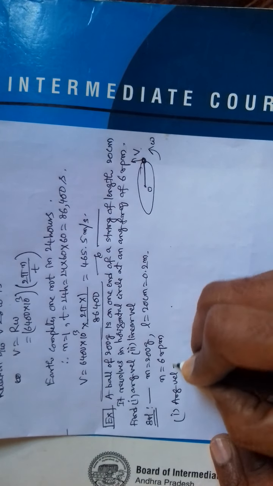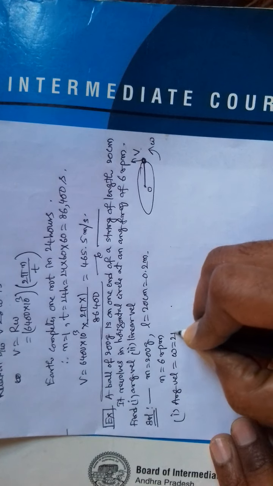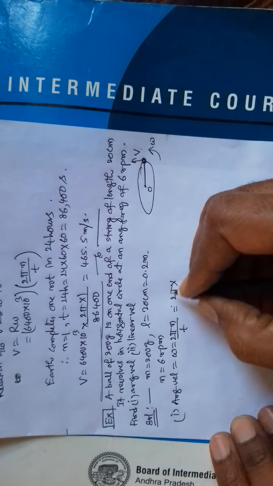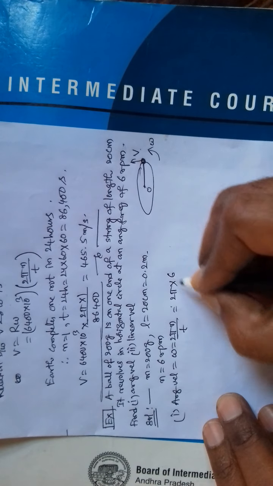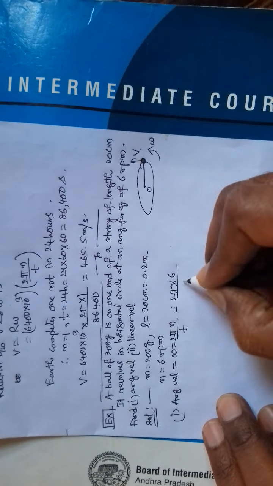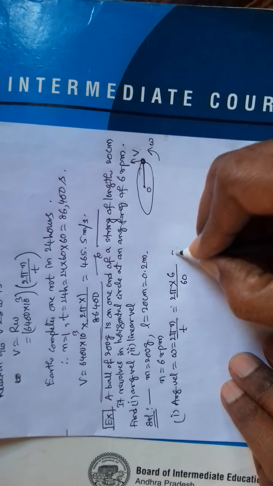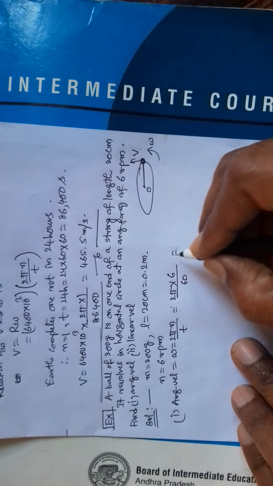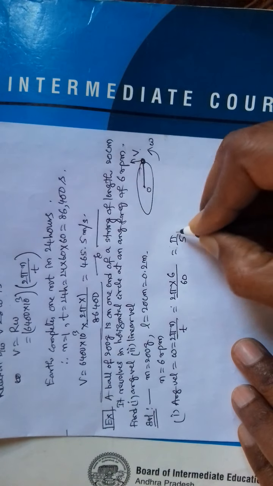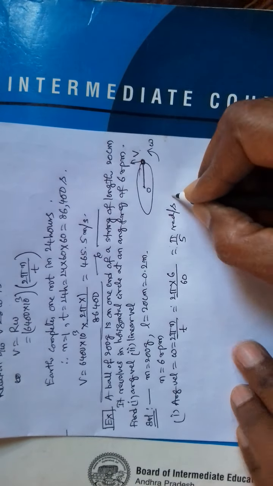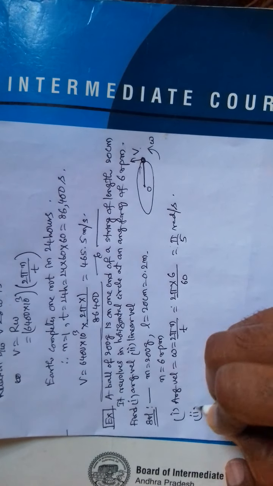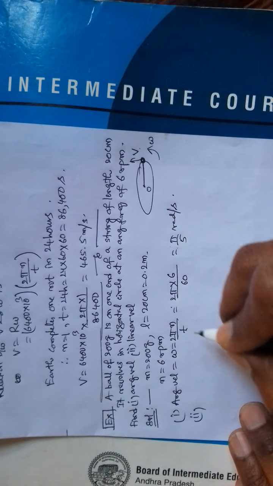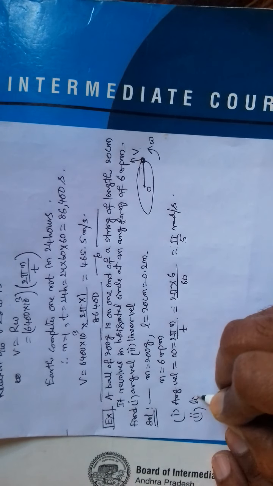Angular velocity, that is omega, is equal to 2 pi n by t. 2 pi into 6 RPM, 6 rotations per minute, means 60 seconds. So here we get pi by 5 radian per second. Now second is linear velocity.